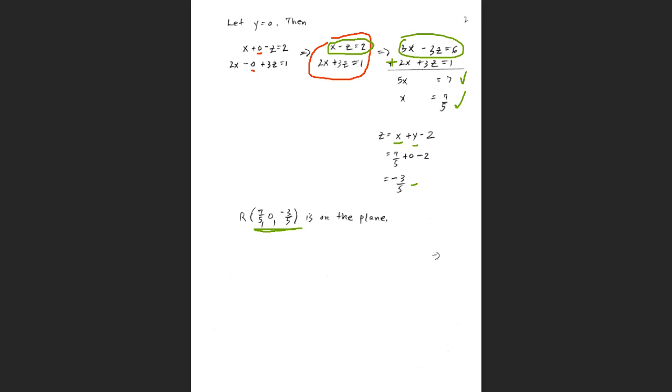Okay, so here we go. Now I have an updated picture here with the points P, Q, and R. And of course, we know now what we need to do is find a perpendicular vector to the plane. To find that, we need to take the cross product of 2 vectors in the plane.